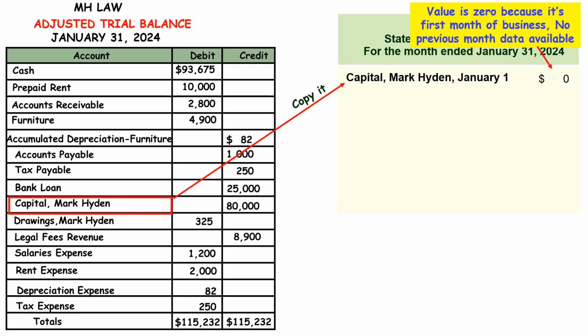Since this is our first month of business, there is no previous balance in the capital account, so this will be 0. However, if it was our second month of business, this capital Mark Hayden January 1st would show a balance from the previous month, December. So since this is our first month, we have a 0.